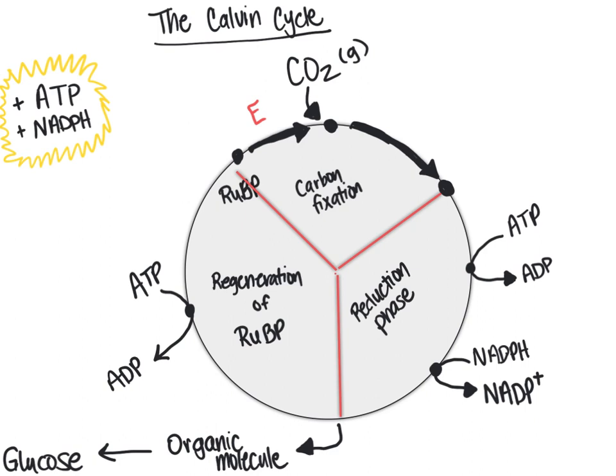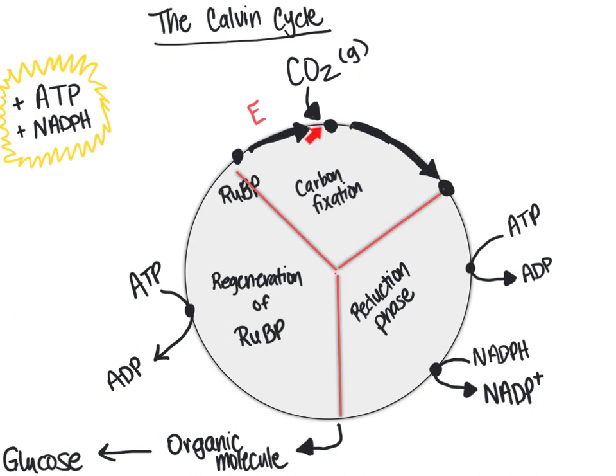Depending on your textbook and depending on what source you're looking at on the internet, you may see various numbers placed here for the NADPH, the ATP, and the amount of CO2 and the number of turns. All of that is dependent on what that final organic molecule is, whether it's going to be that initial molecule or eventually become the glucose, which depends on the number of turns the Calvin cycle has undergone.